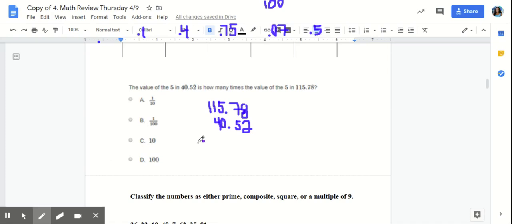When we have our numbers stacked, we can see that the 5 in 40 and 52 hundredths is 1/10 the value of the 5 in 115 and 78 hundredths. It's one place value behind, so we know that that is 1/10.